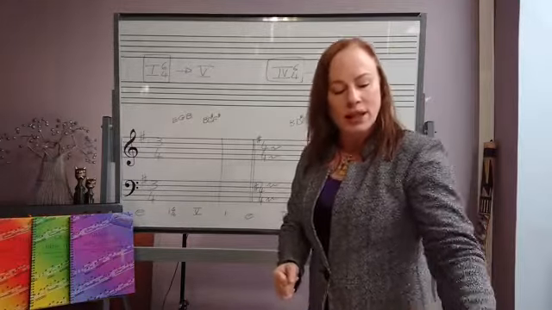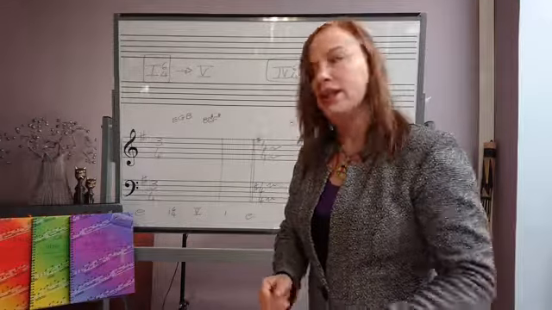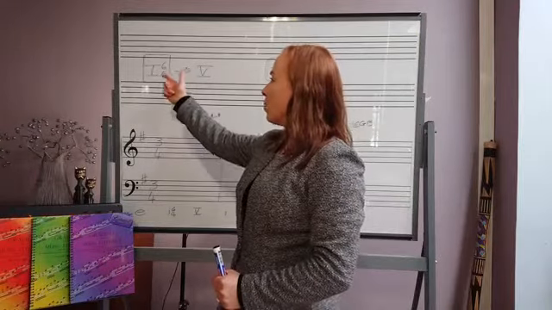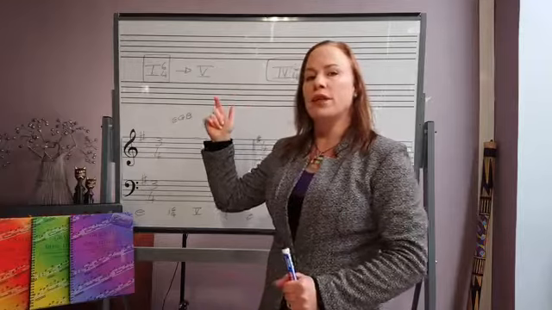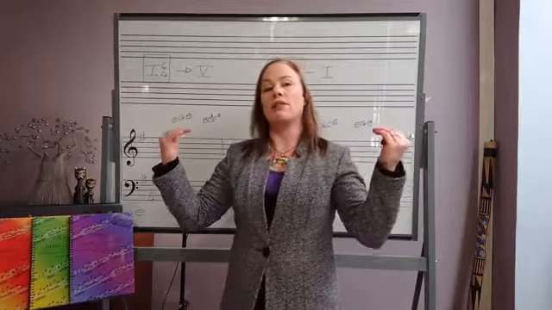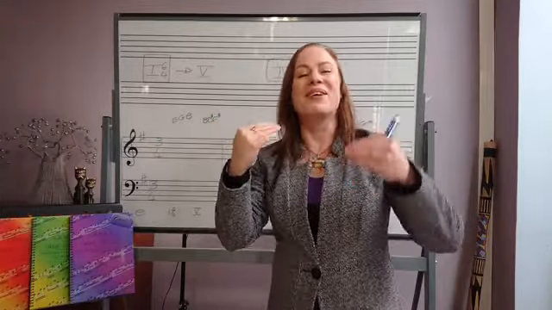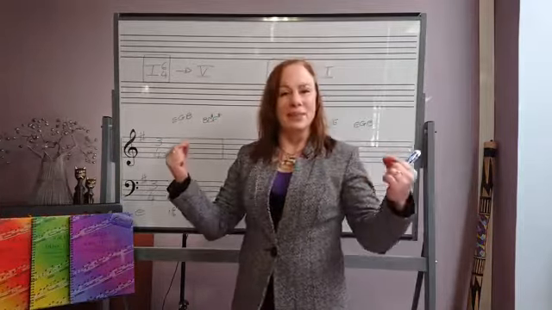There's one thing that I want you to keep in mind: because of this, I 6/4 moving to a V means that you're going to have a long dominant note in the bass.